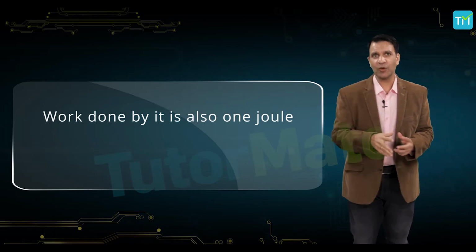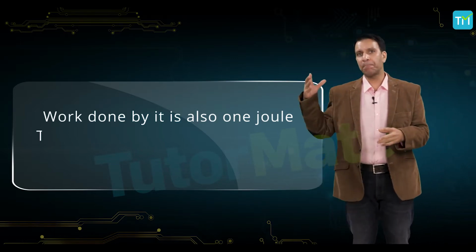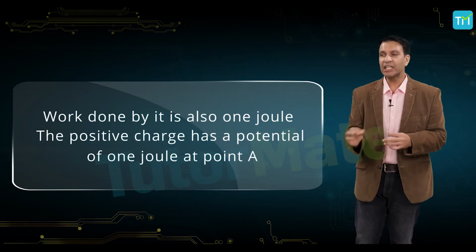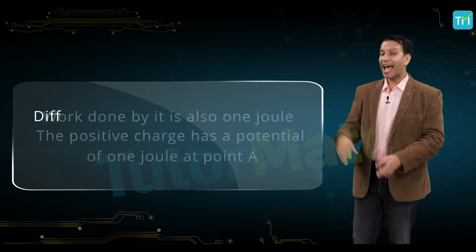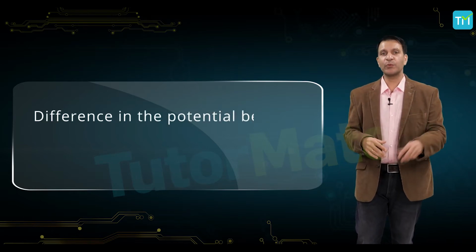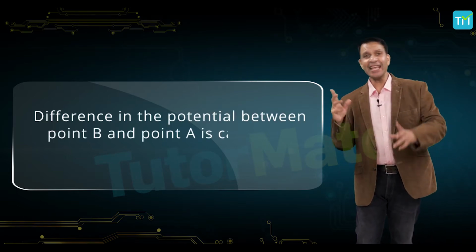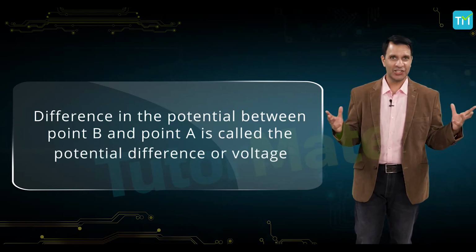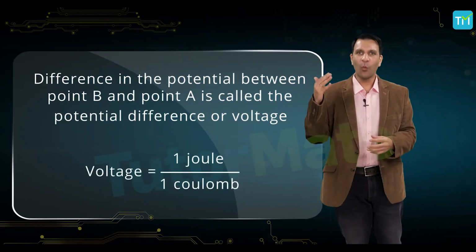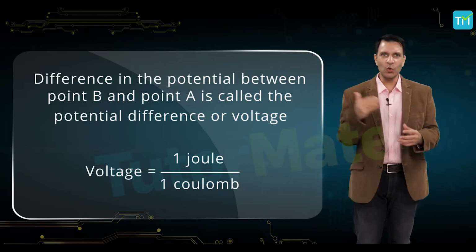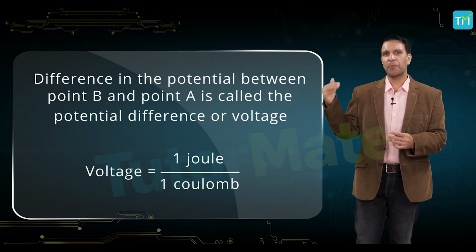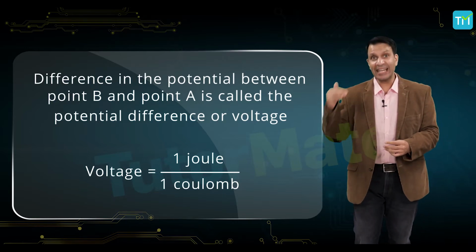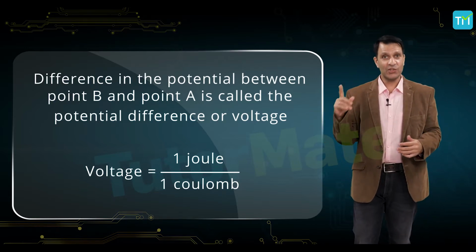Or in terms of electrostatics, the positive charge has a potential of 1 joule at point A. And the difference in the potential between point B and point A is called the potential difference or voltage, which in this case will be 1 joule upon 1 coulomb, since the potential of positive charge at point A is 1, while the potential of negative charge is still 0.